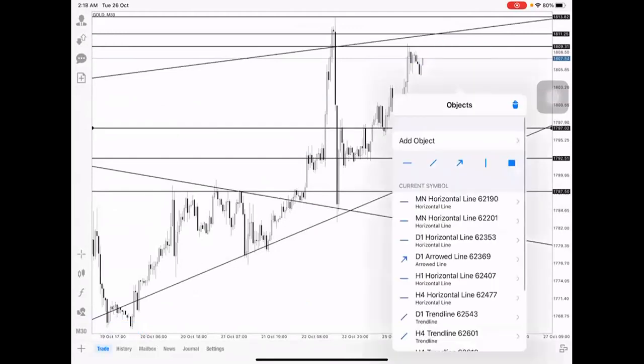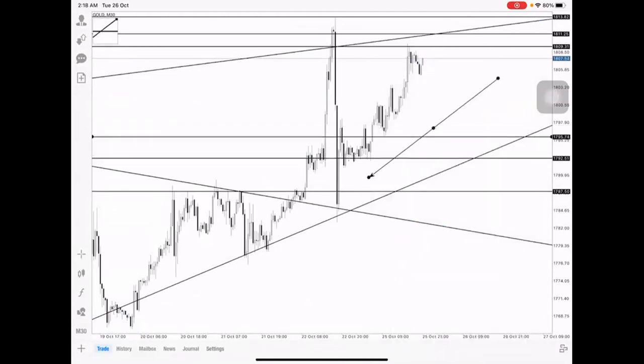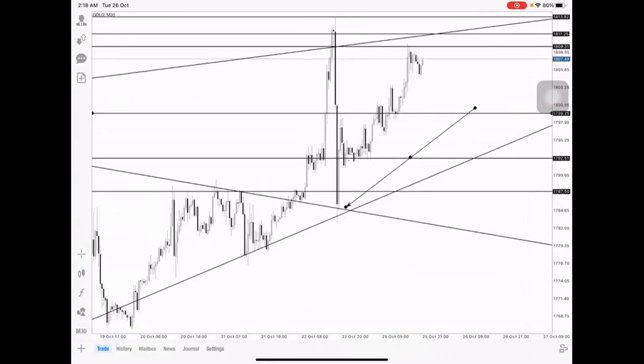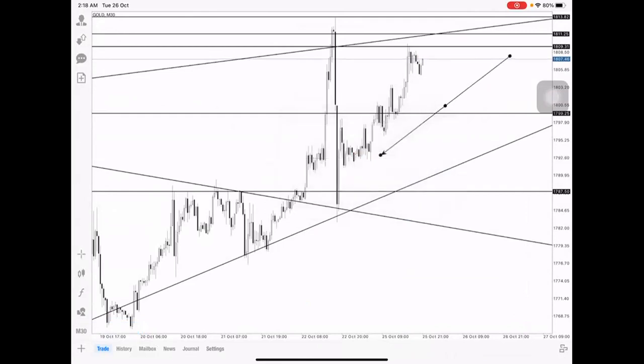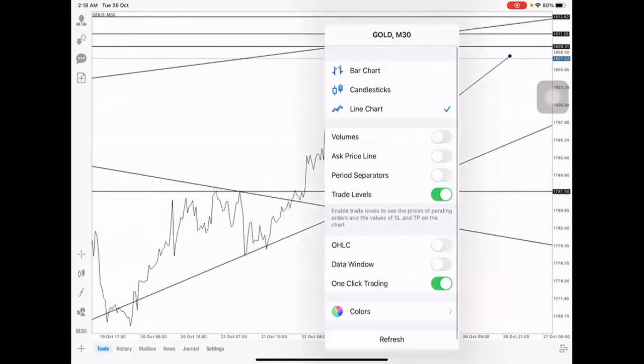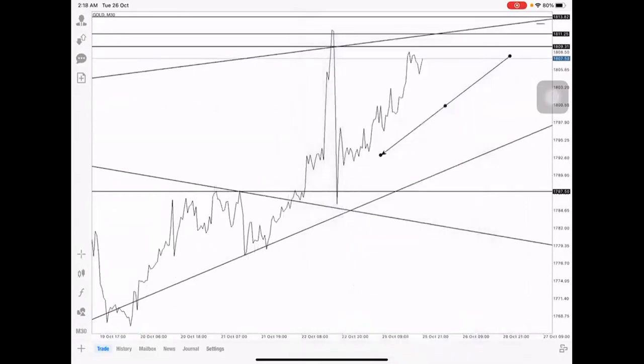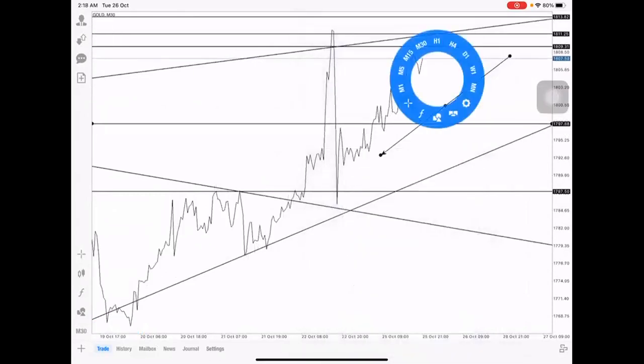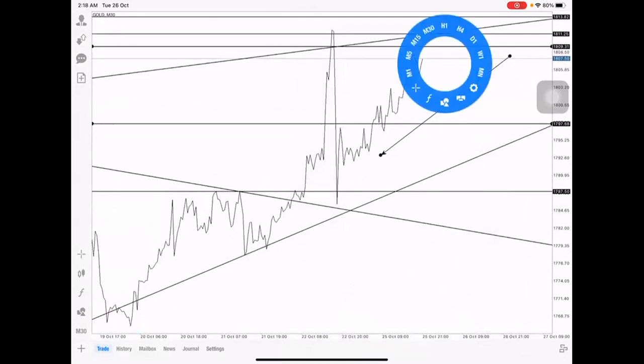Because this one M13, right? This one H4. So re-entry must be M13. So, I think M13. I buy today. M13 and M15, I think.